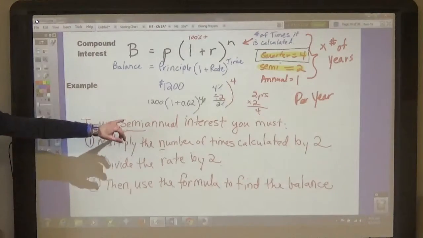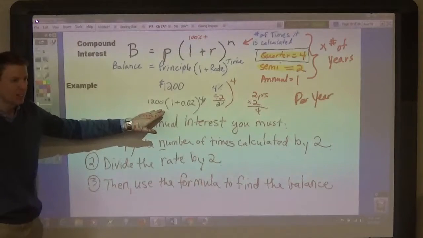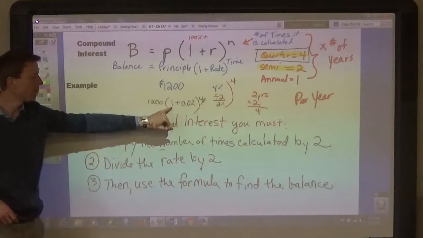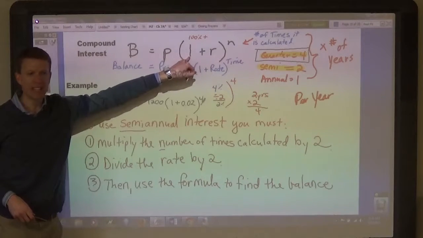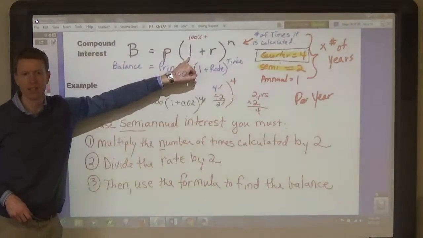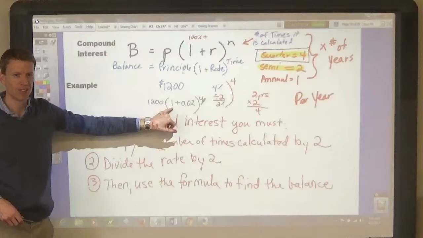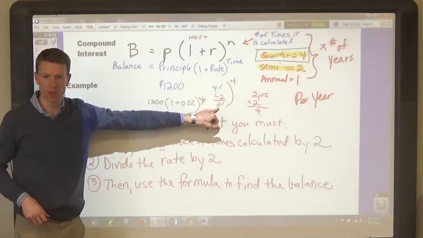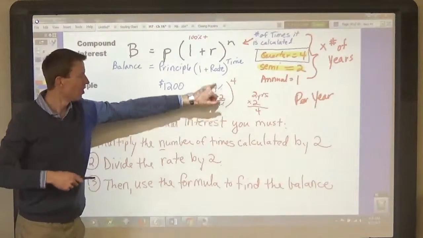Does everyone understand where these numbers came from? Where does the 1,200 come from, class? The principal. Where does the 1 come from? The rate. That's the one that's in the formula. Okay? You always use 1 right here in the formula. Okay? Where does the 2% come from? Good.